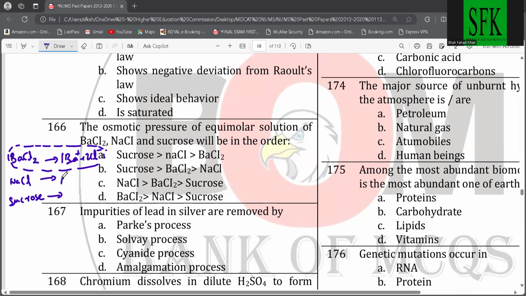Over here, you get one sodium and one chloride ion, so 2 moles of solute. Over here, you don't get any dissociation at all. So osmotic pressure of barium chloride is going to be the greatest because it has 3 moles: 1 mole of barium, 2 moles of chloride, followed by NaCl, followed by sucrose, option D.